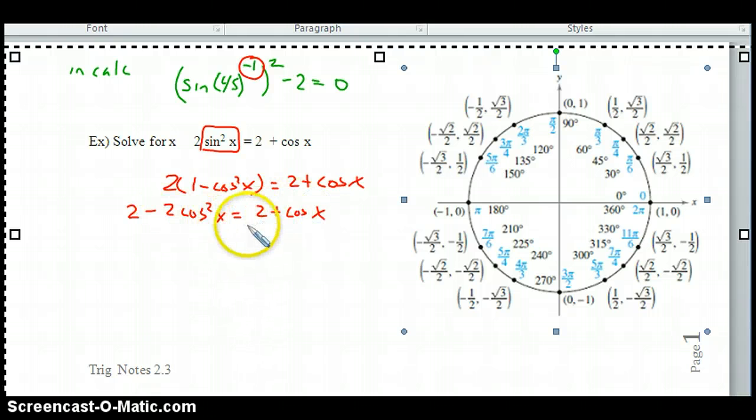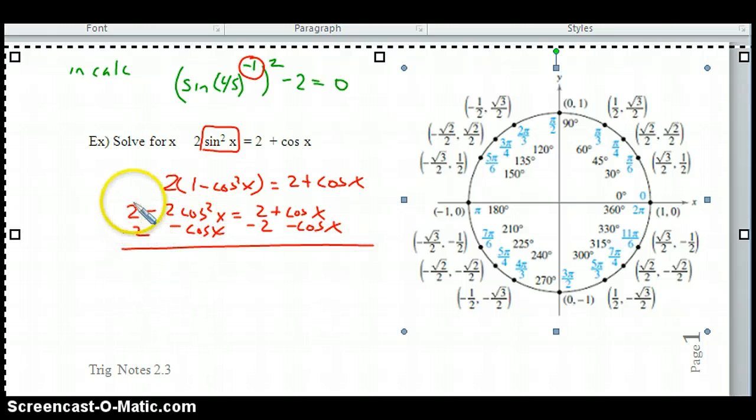And then I'm going to move everything over to the same side of the problem so I can get it to be equal to 0. So those cancel out. Negative 2 cosine squared x minus cosine of x equals 0. And next thing I'm going to do is factor this by taking out the greatest common factor.